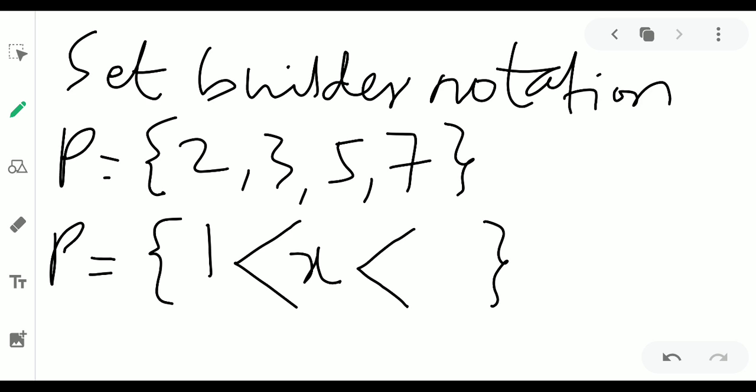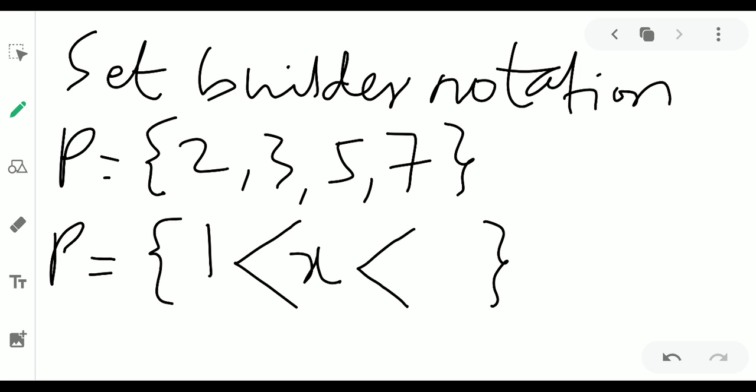X, you know the sign, less than and greater than. So when I'm reading to my left, it looks at the greater side. So X is greater than 1, and the pointing side to my right becomes a less than.